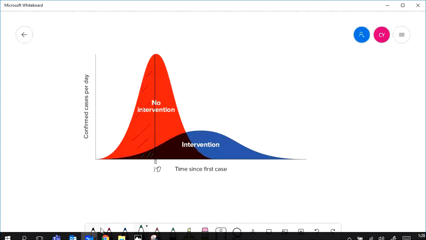Now, remember, why do we care about the area of those shapes, the area underneath the curve? Because if you remember where we started, the area under the curve equals the total number of people sick.